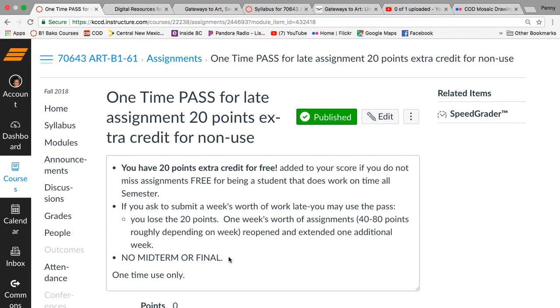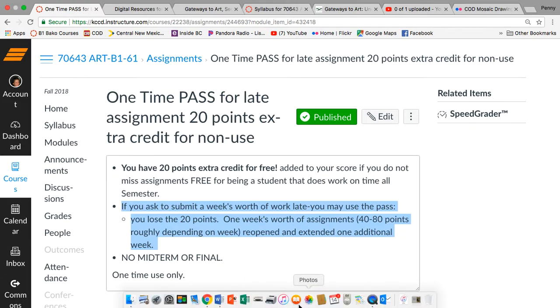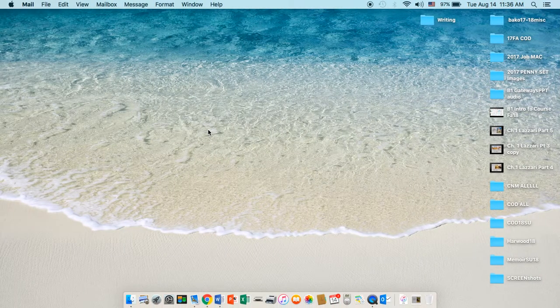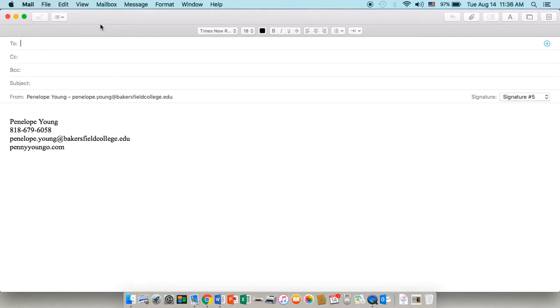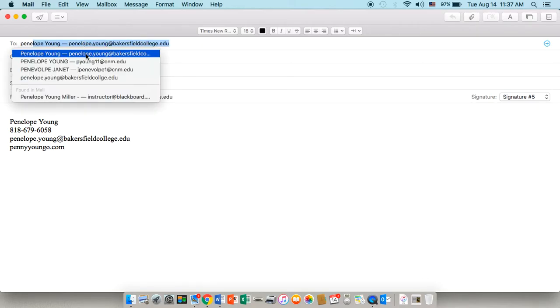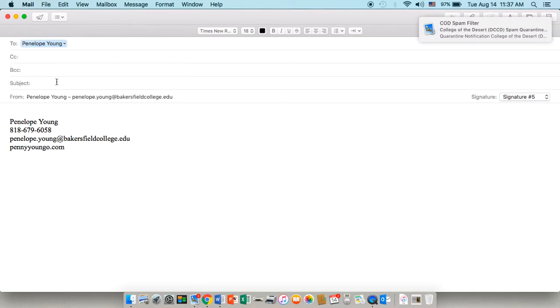Let's actually go ahead and do that. Say I don't understand this part, so I'm going to cut and paste that. I'm going to write an email, and I can't really do this the way that you would do it. It's moving slow today. There we go. And the subject is one-time pass question. Dear Professor Young.